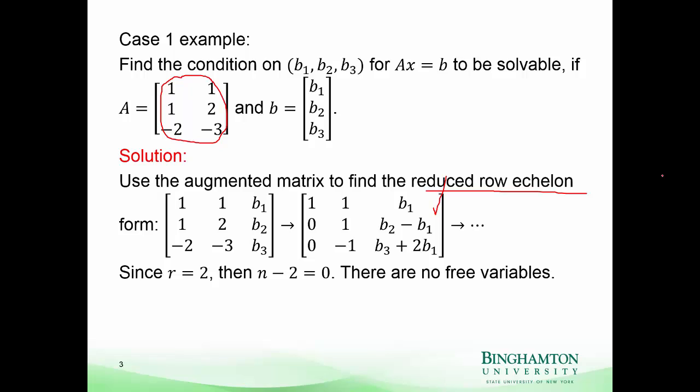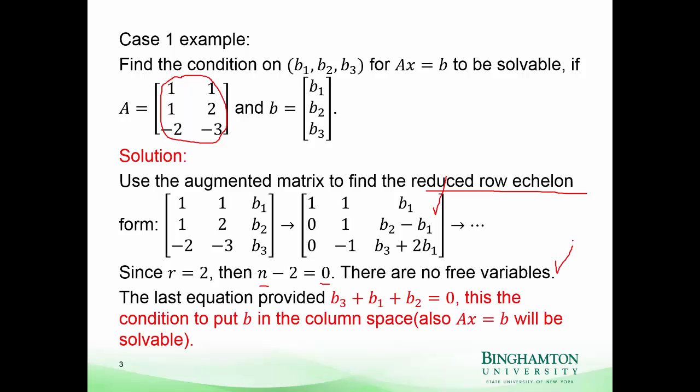So since r is equal to 2 and n is equal to 2, we have n minus r, which is 2 minus 2, equal to 0, so there are no free variables. And our last equation, if we take this one step further to eliminate this, we'll end up getting this requirement.